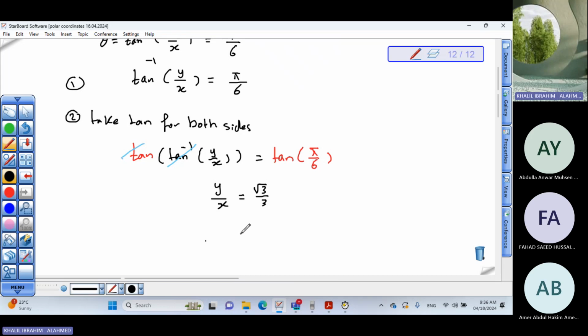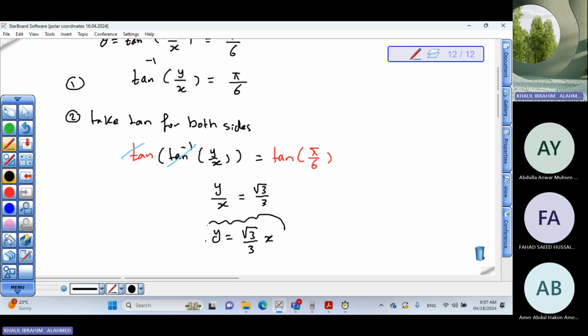We can write y equals radical 3 over 3 times x.